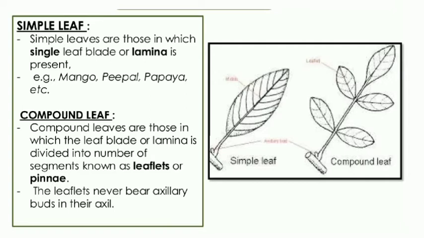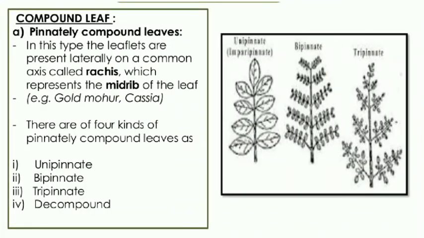You can see the first diagram, which is a simple leaf, a complete leaf. The compound leaf has 5 leaflets, 5 leaflets together make one leaf. We shall see more details of simple as well as compound leaves.